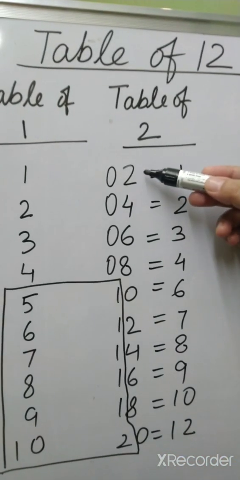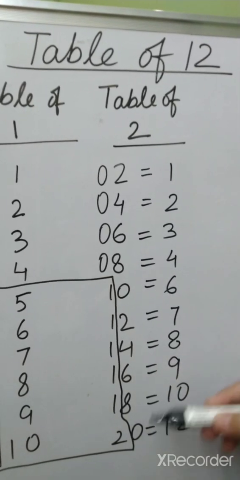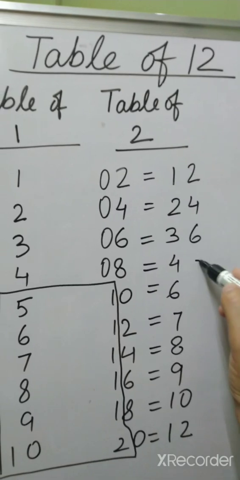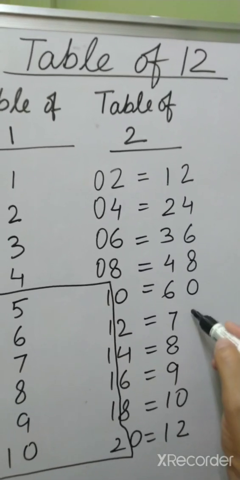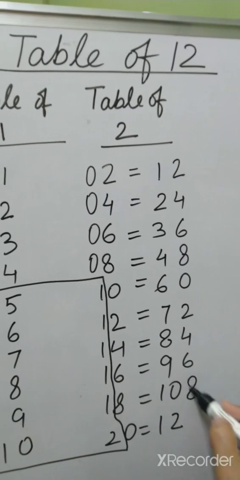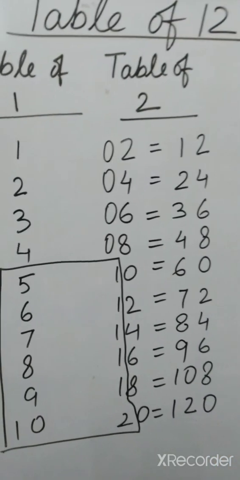And then we will write the digits at one place in the table of 2. 2, 4, 6, 8, 0, 2, 4, 6, 8 and 0. And there goes the table of 12 for you.